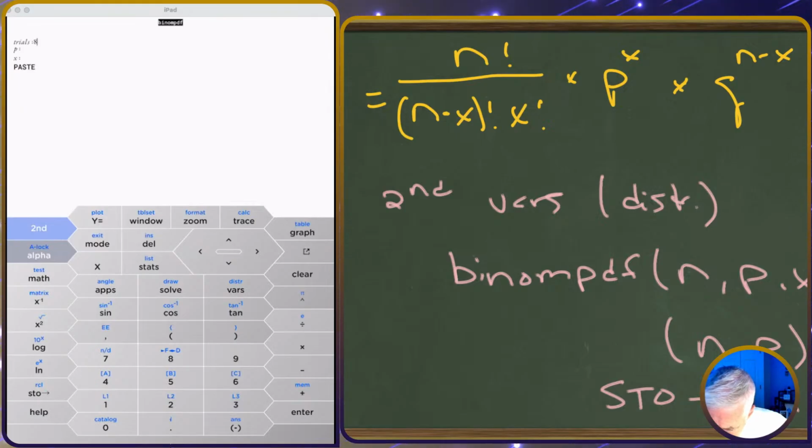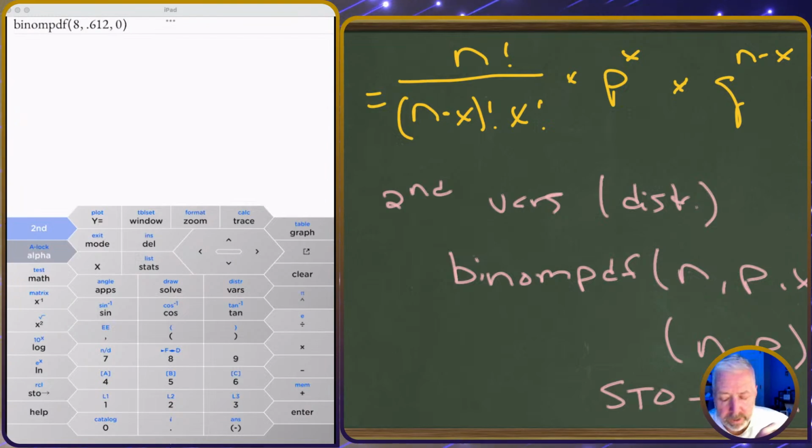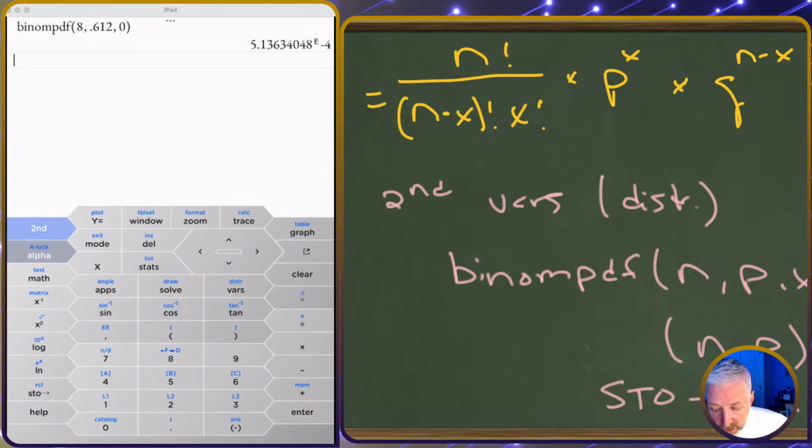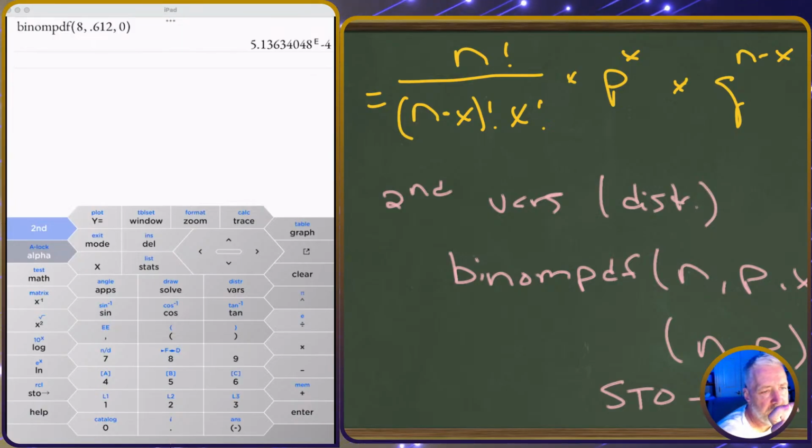So let's say there's 8 trials, probability of success is 0.612, let's say, for whatever context we're talking about, and let's go for 0. Enter. It brings it up just like this, which is how I normally bring it up. You just hit enter. There it is, E to the -4, so we're sitting at 0.000513634048.